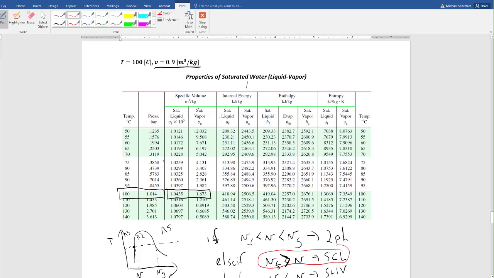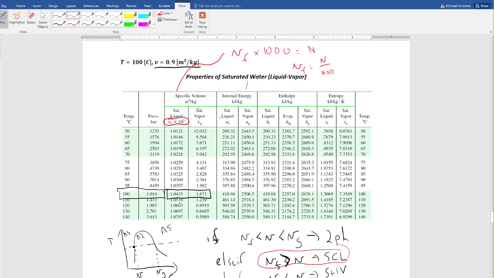But the table's kind of tricky. To save space, this is not vf. This is vf that's been multiplied by 1,000. So if you want vf, you have to take the number and divide it by 1,000.